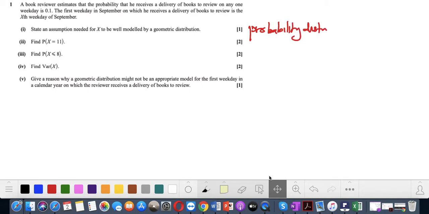It's an independent event, so the probability of reviewing today will not influence the next day, which is tomorrow. So each probability doesn't influence the other.